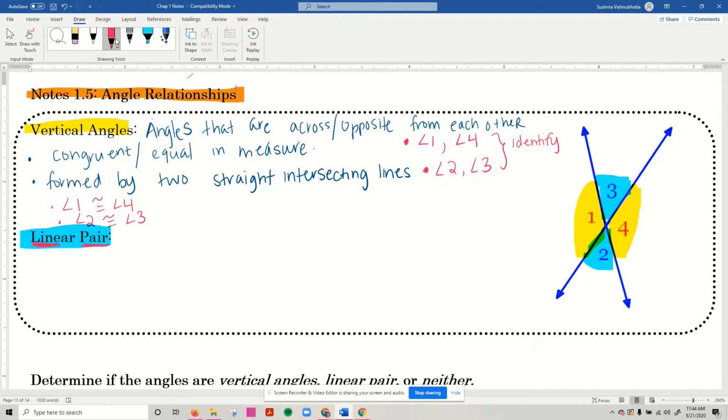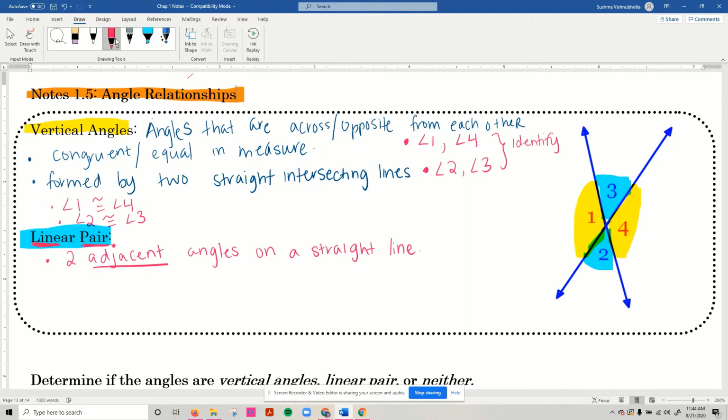And so linear pairs are exactly that, but they're also adjacent. So two adjacent angles on a straight line, and they must be adjacent.